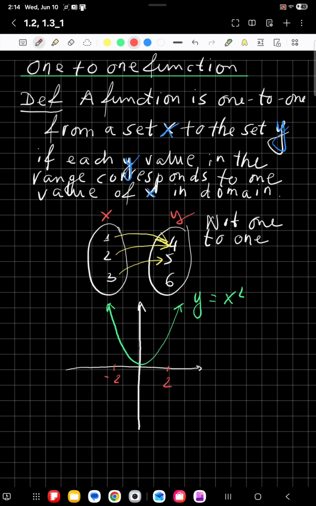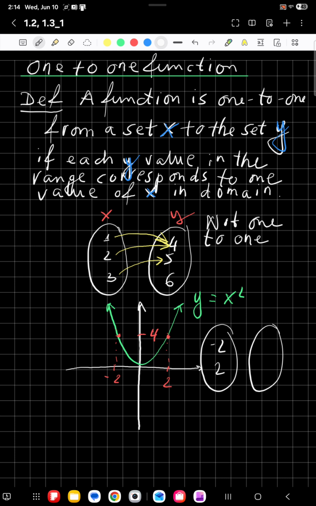You see that both of them correspond to the same y, which is 4. So 4 would be an element of the range, and those two numbers, -2 and 2, would be elements of the domain.